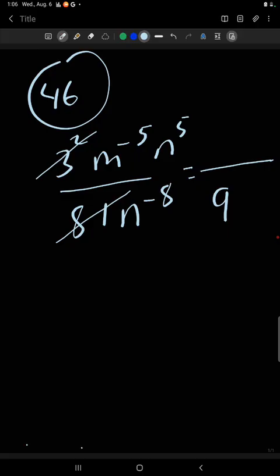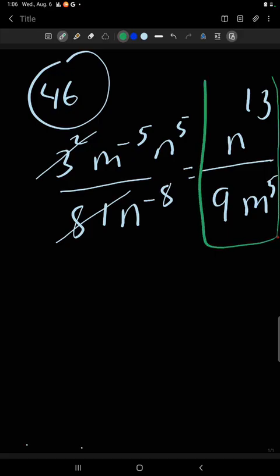The m is flipped, it becomes m to the 5th power, and then 5 minus -8 is 13, n to the power 13. And this becomes our complete answer with all positive exponents.